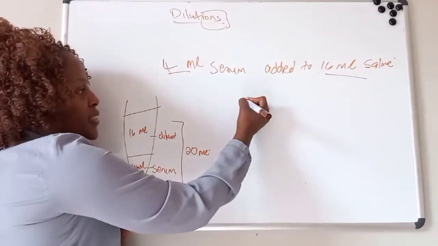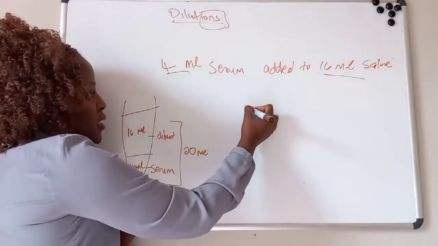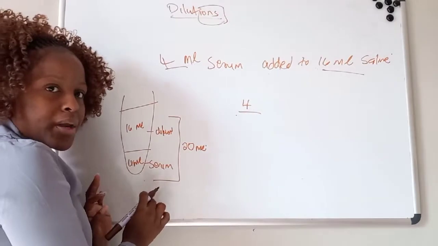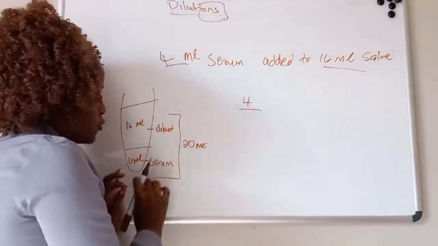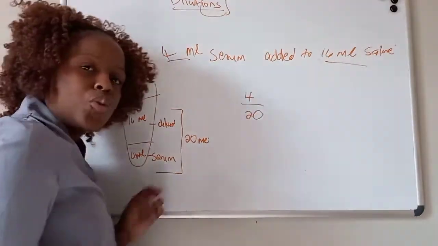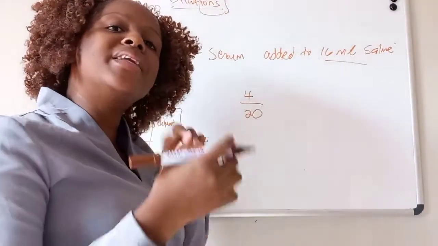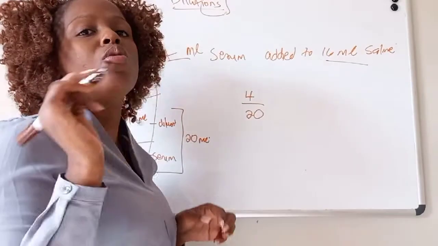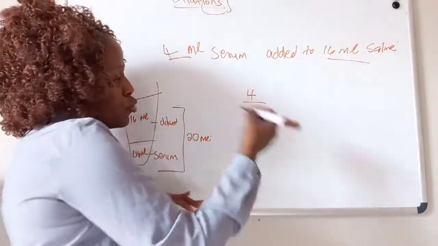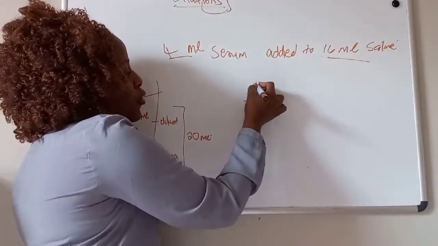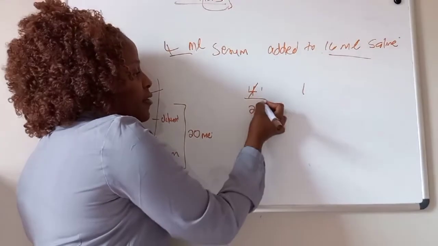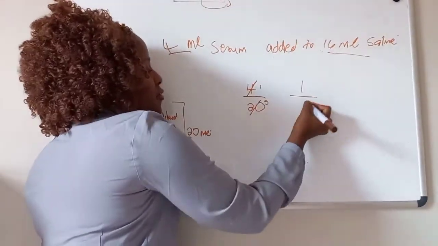So now let's write it as a dilution statement. It's going to be 4, because a dilution statement is 1 part of solute over total volume, and the total volume is 20. But like I said, to get a dilution factor, you always have to write the dilution in its simplest form. So we're going to say 4 into 4 goes once, and 4 into 20 goes 5 times.